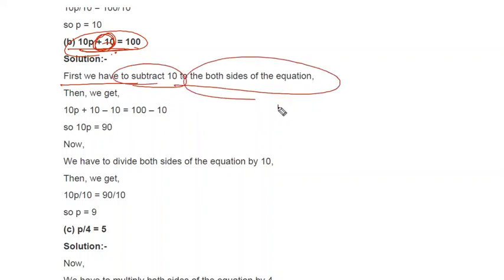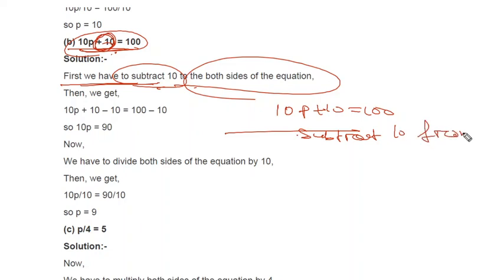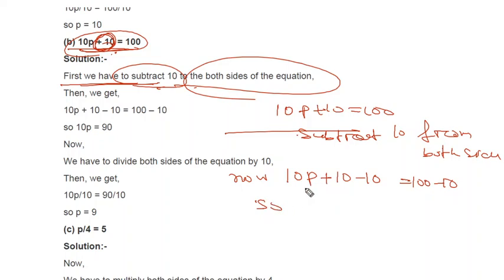So 10p plus 10 minus 10 equal to 100 minus 10. So 10 cancels. 10p equal to 90 this side.